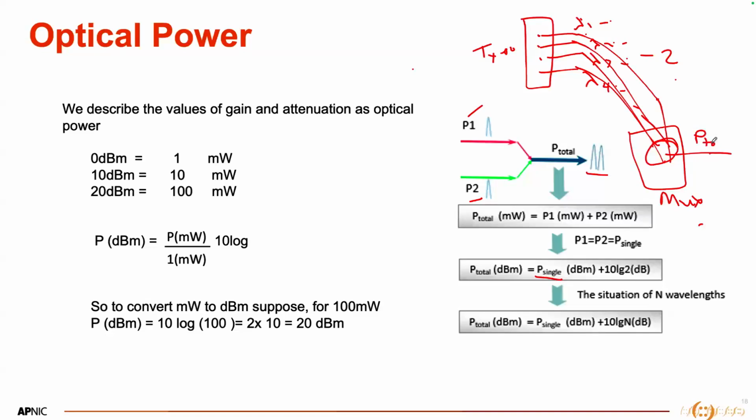So what is the P total power? P total power will be P single, that means the transmit power of each lambda, plus 10 base log n. Here n means the number of lambdas. In this diagram, there are 2 lambdas. For this scenario, there will be 4 lambdas. You understand what I'm trying to say?